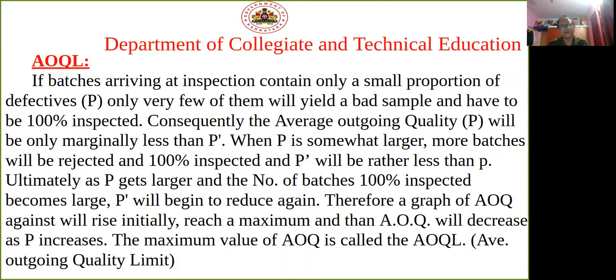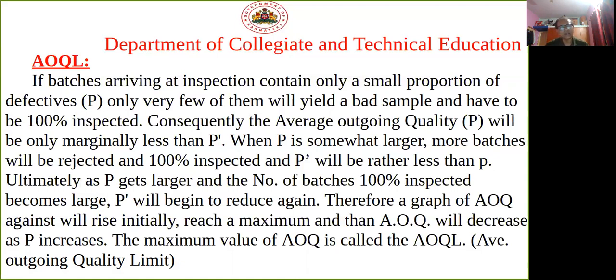Only very few of them will yield bad samples and have to be inspected. 100% inspection should be done. So the AOQL will be only marginally less than P dash when P is sometimes large.